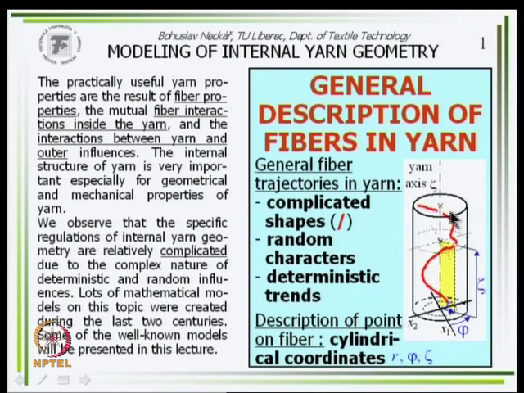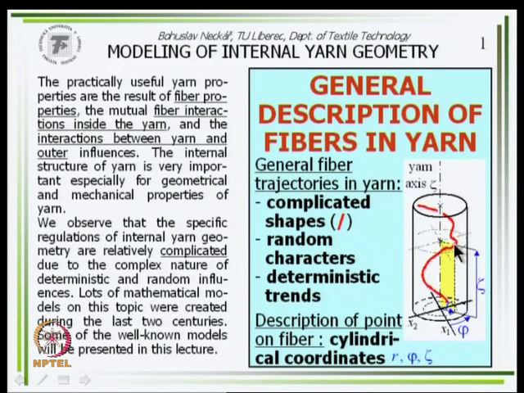In your picture is a scheme of a general yarn with one red fiber inside. The fiber in the yarn has a very complicated shape, and we must use some coordinates for the description of this shape. Usually we use cylindrical coordinates.